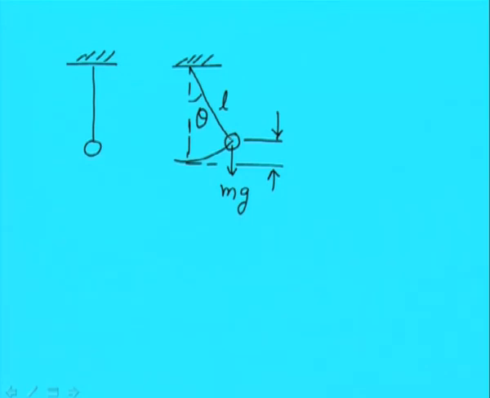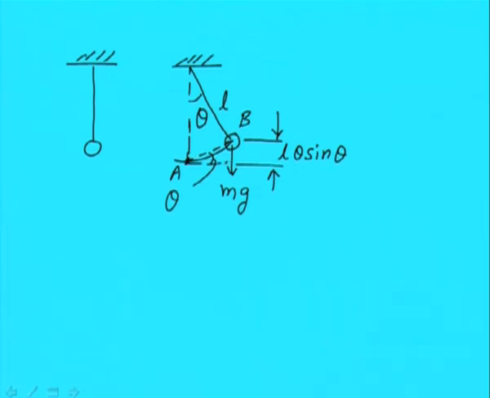Because this is the length of the cord, this is theta. So, from here to here this arc length will be L theta, and we can show that this particular length will be L theta into sin theta, because if we draw this line, this angle is theta, and let us say this is A, this is B. So AB chord length is L theta.